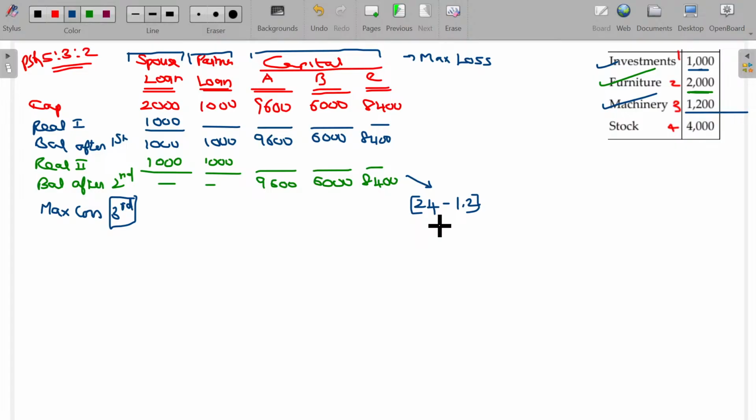So 22,800 is the balance payable to the 3 partners. Follow the PSR ratio. 22,800 will be shared among the 3 partners. 9,400. 11,400. Okay, 11,400.